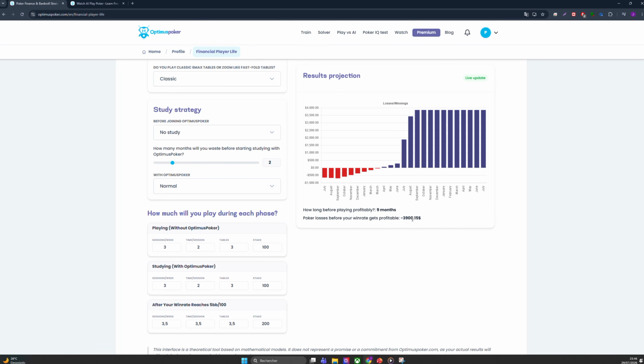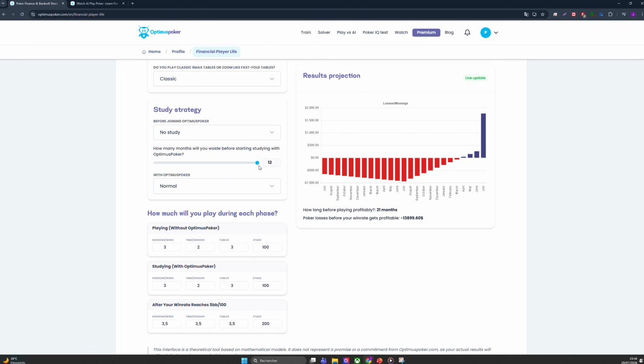So in this example, it would take him 9 months before becoming a break even player, and these 9 months would cost him $3,900 with these settings.